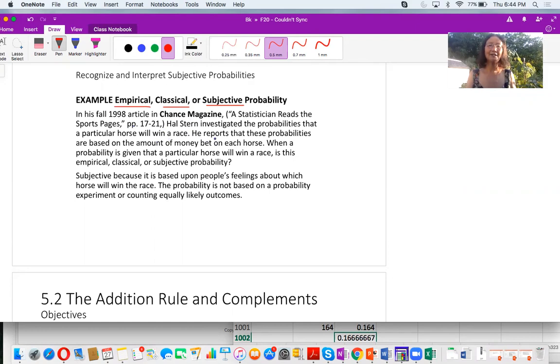He reports that these probabilities are based on the amount of money bet on each horse. When a probability is given that a particular horse will win a race, is this empirical, classical, or subjective probability? The answer is subjective, because it is based on people's judgment, people's opinion, people's feeling.